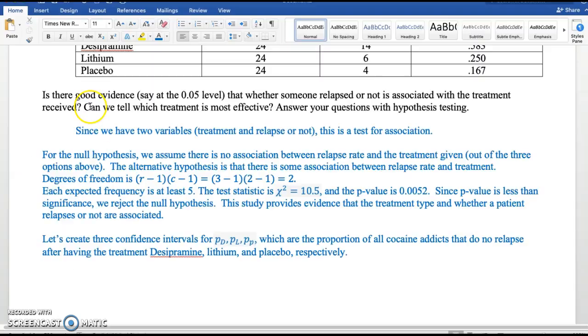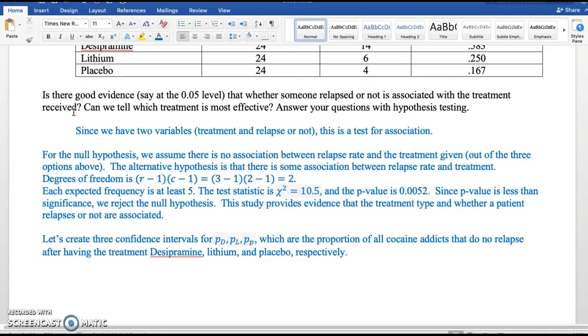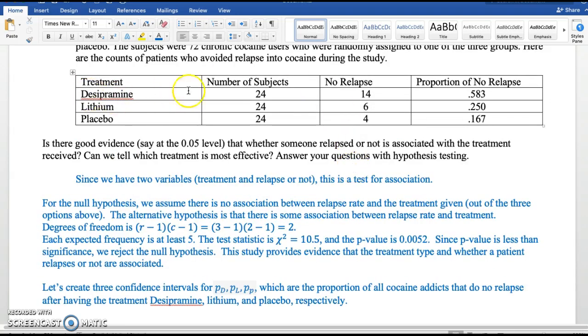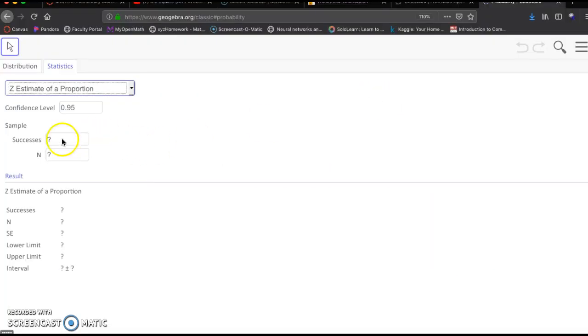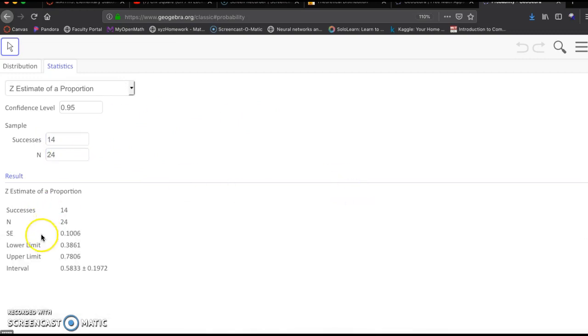For all of these, I want to make sure I have a 95%, since we're using a 5% significance level, 95% confidence. For disipramine, we had 14 successes out of 24. So I get a confidence interval of, I'm going to round this to 2 decimals, 39% to 78%.